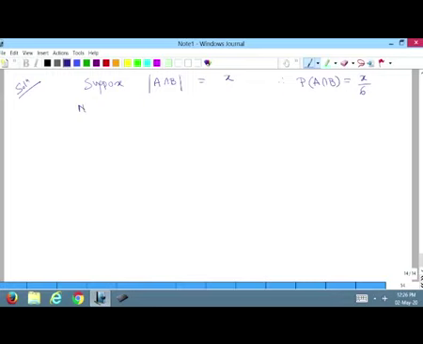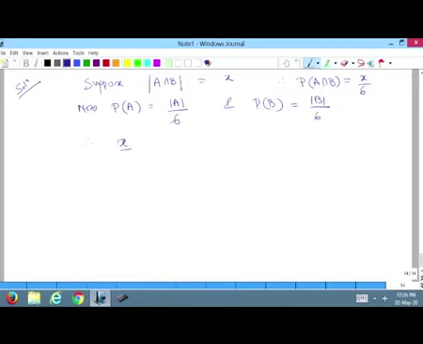Now, probability of A is equal to cardinality of A divided by 6, and probability of B is equal to cardinality of B divided by 6.